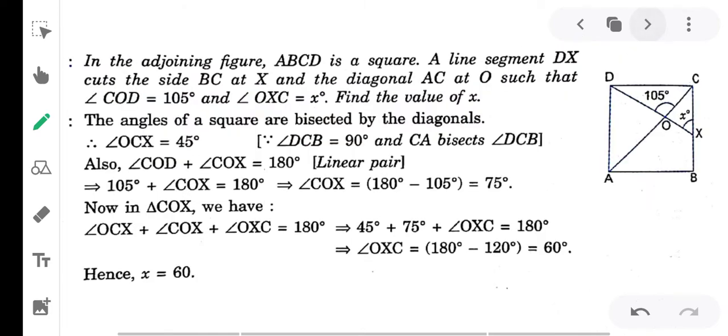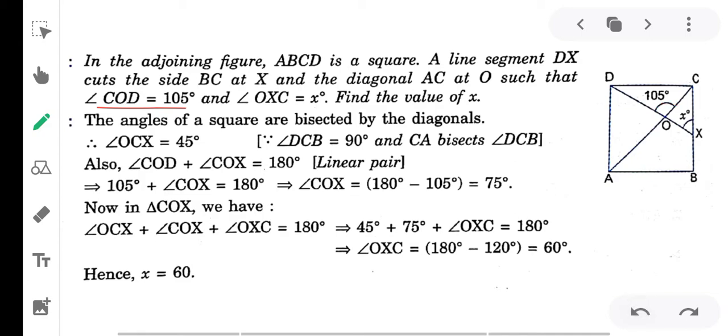Clear? Next question. In the adjoining figure, ABCD is a square. A line segment DX cuts the side BC at point X, as you can see in the figure, and the diagonal AC at O, such that angle COD equals 105 degrees and angle OXC equals x degrees.